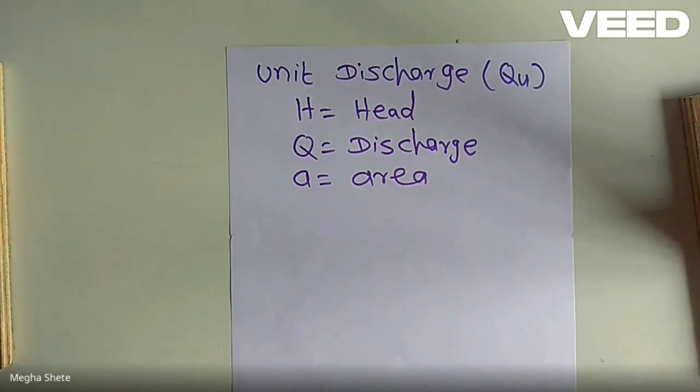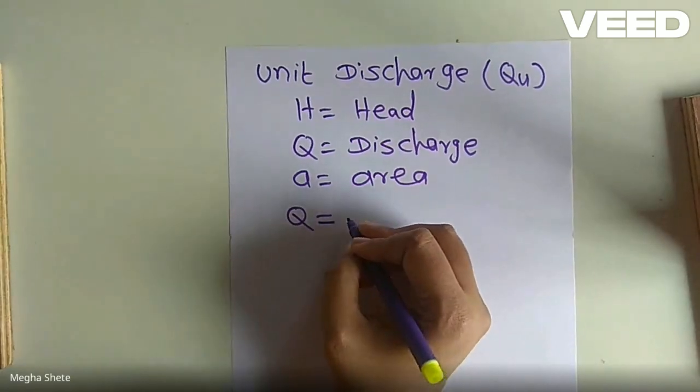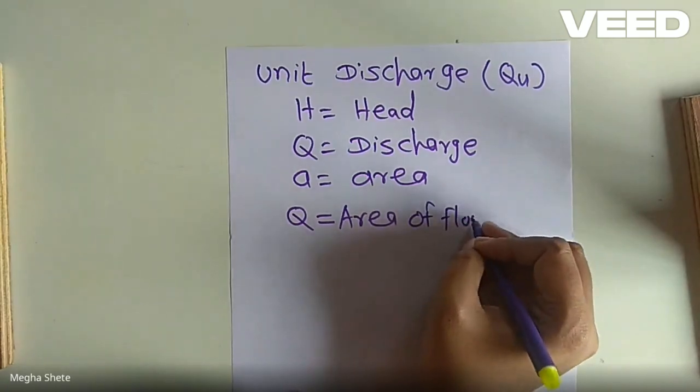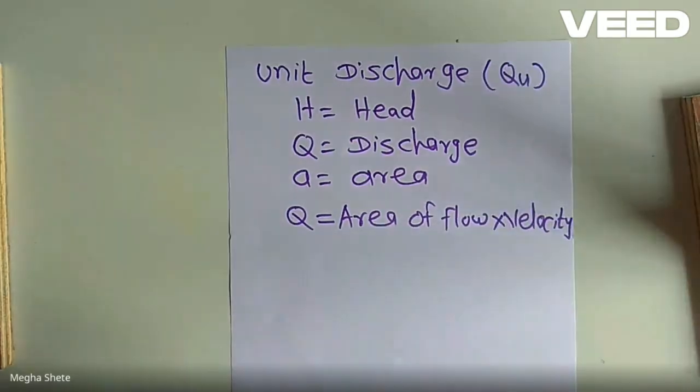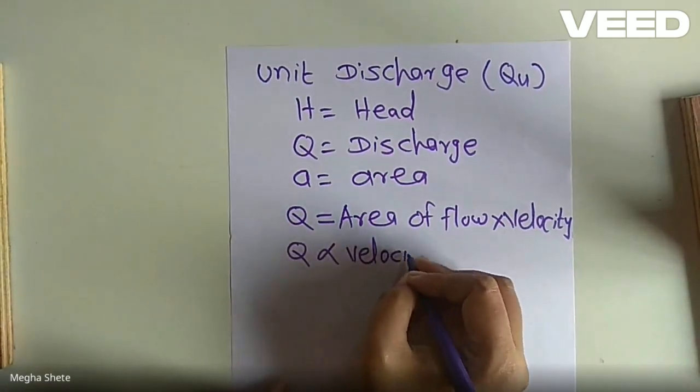Now, as we know, discharge Q is equal to area of flow into velocity. But for a turbine, area of flow is constant and velocity is proportional to square root of H. Q is proportional to velocity.